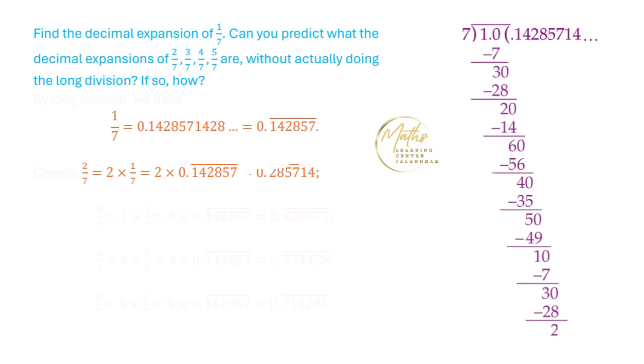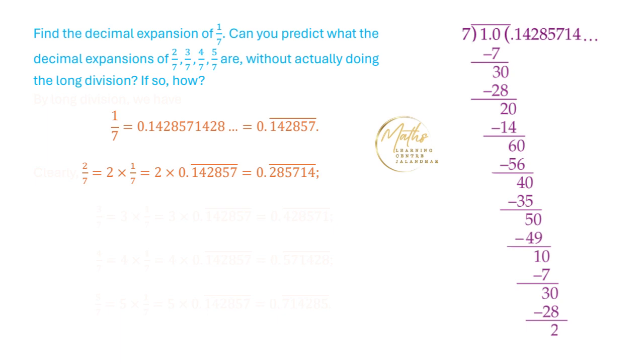Now this complete block is repeating again and again. We calculated the value of 1 by 7 using the long division method, then multiplied this term with 2 and obtained the answer in this form. And this block 285714 will repeat again and again.